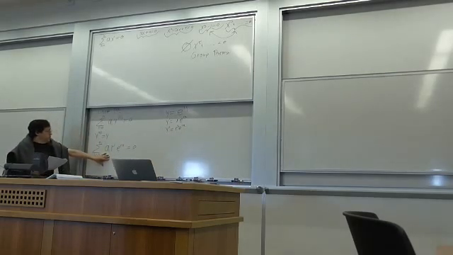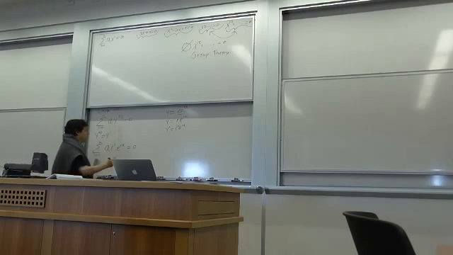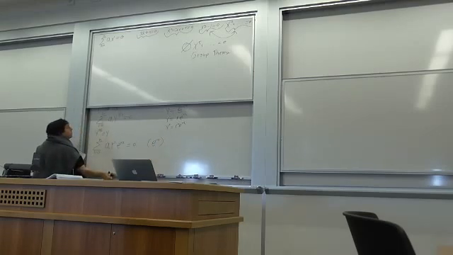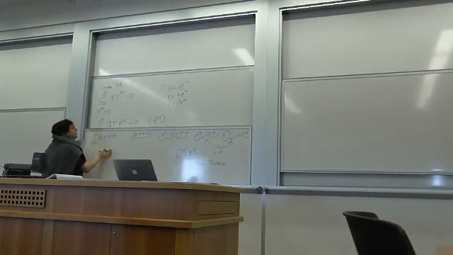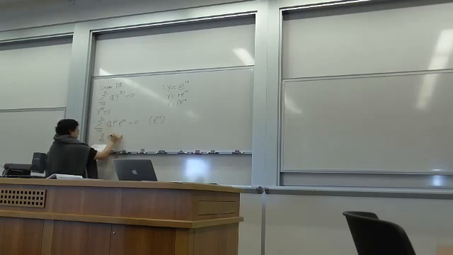So we take this, and now we multiply both sides by e to the minus rx. And we end up with this sum, i equals 0 to n of a_i r to the i equals 0.